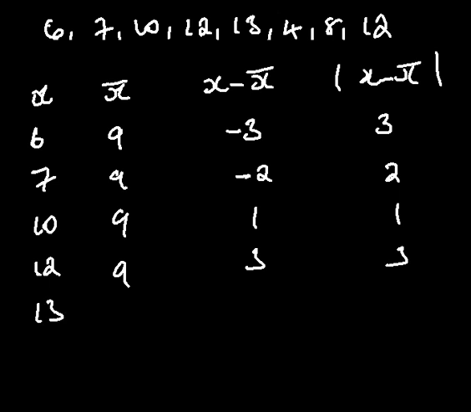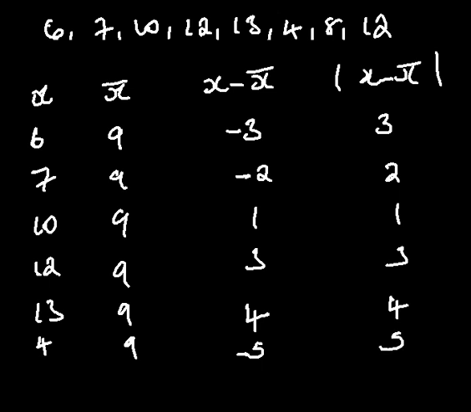And we have 13. So 13 minus 9, that is 4. So the absolute value of 4 should be 4. Then we have 8. And 4 minus 9 is -5. So what is the absolute value of -5?